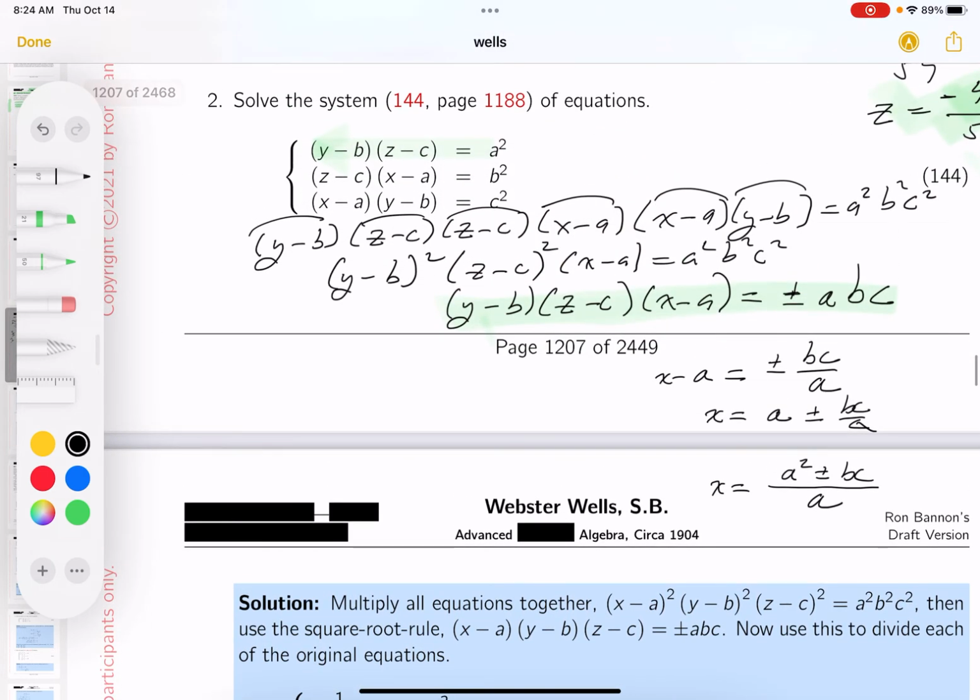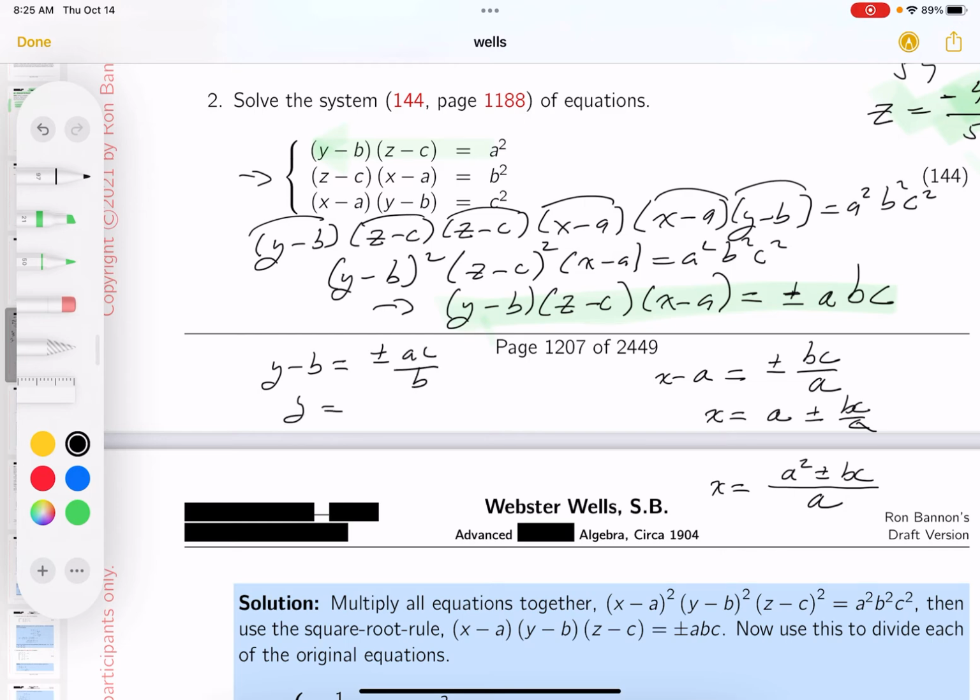And I'm looking at the second equation. I'm going to do the same thing. All right, what are we going to do? Well, I'm going to divide this by this. The x minus c would disappear, x minus a would disappear, and you're left with y minus b now. And again, the plus or minus abc is divided by b squared, so I get plus or minus ac over b.